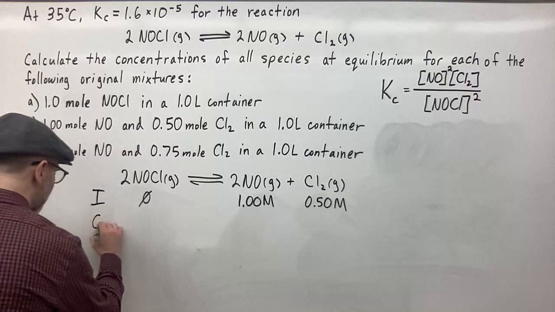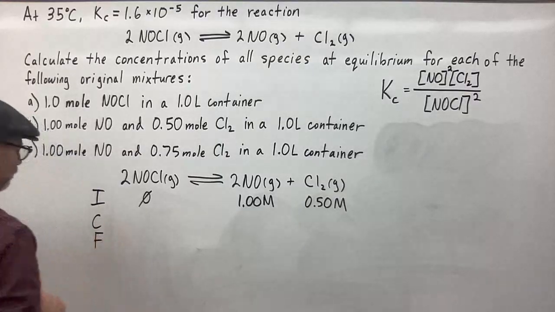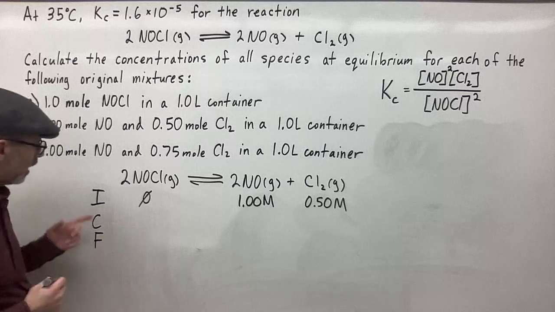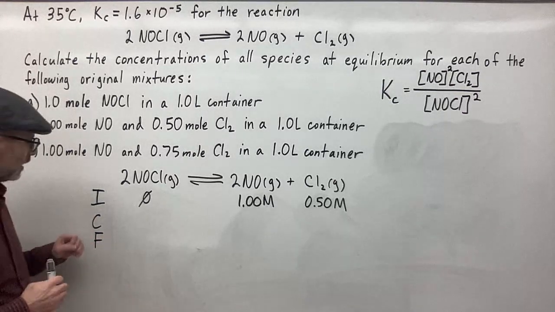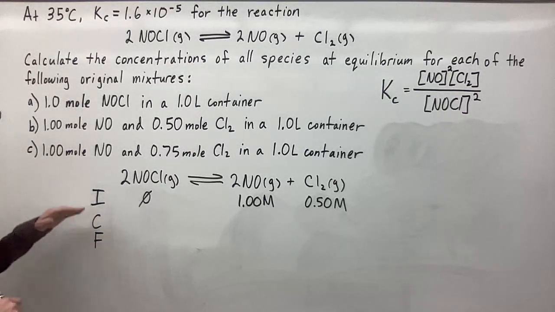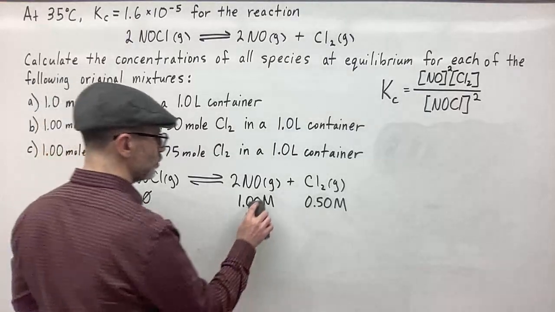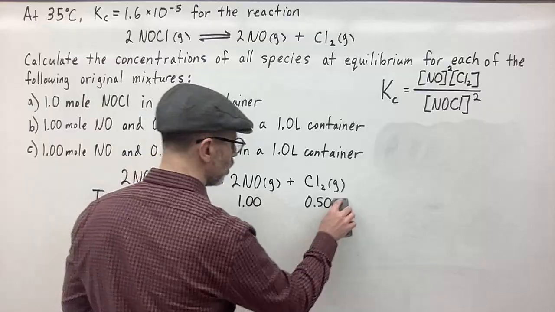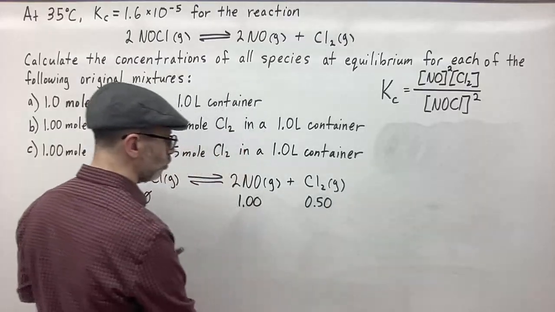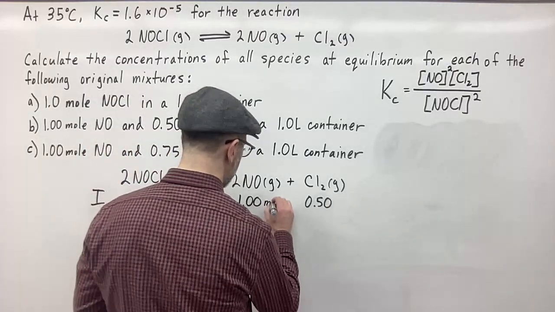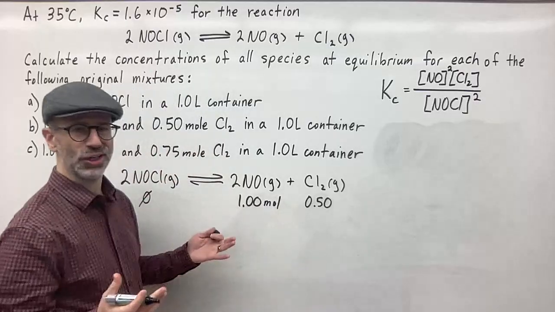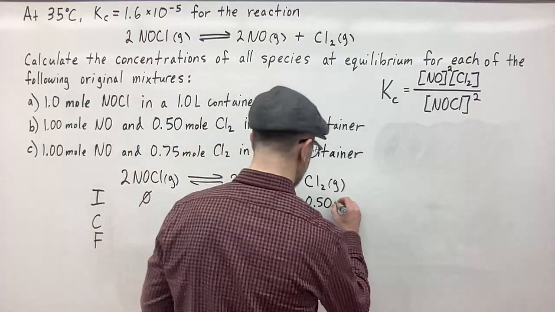So we're going to do an ICF table or an IF table. Some people do IF. I like ICF. So here I've got the initial amounts. And remember, for your stoichiometry table, you're going to want to use moles, not molarity. But here the molarity and the moles are the same, so it doesn't matter.